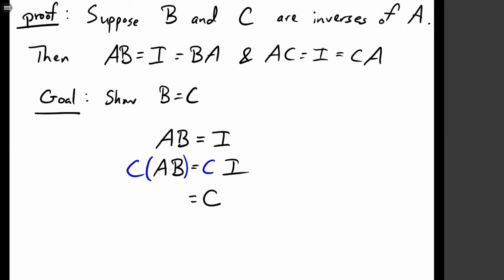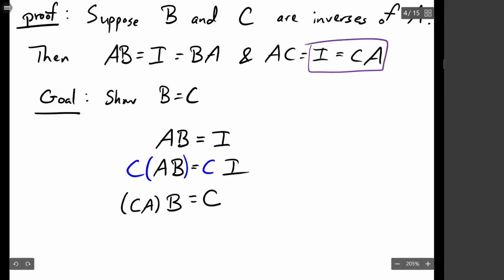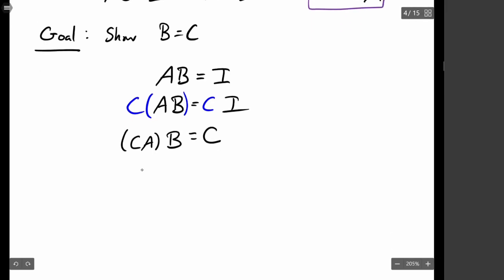Over here, what we're going to do is use the associative property and switch around the order that we multiply in. But, look here, C times A is just the identity. So this is just the identity times B. But again, identity times anything is just that other matrix.